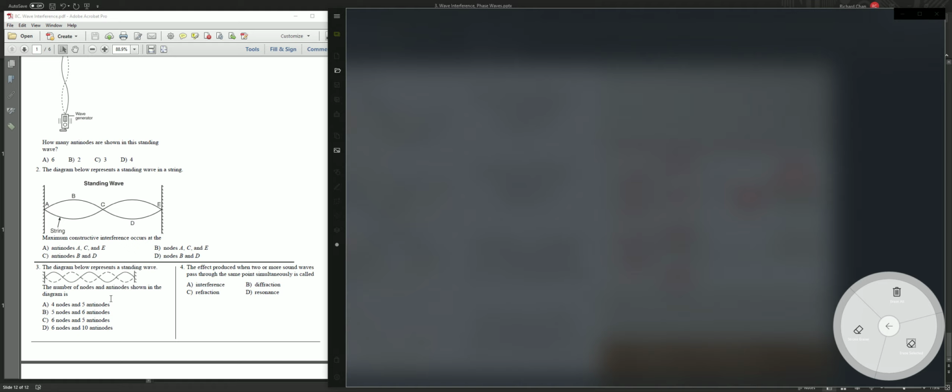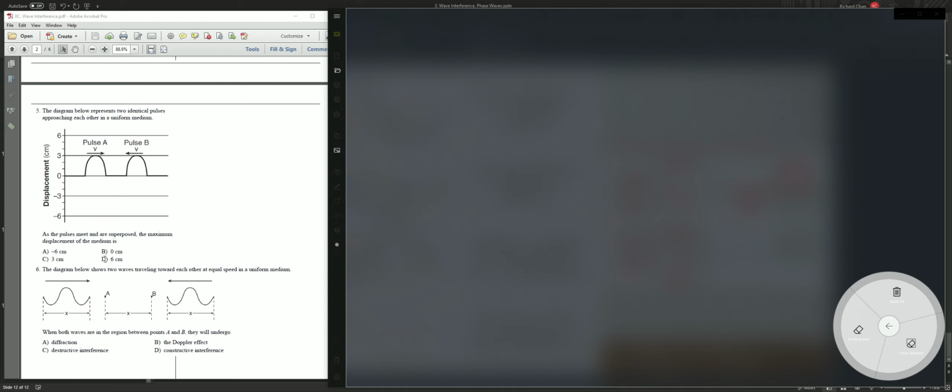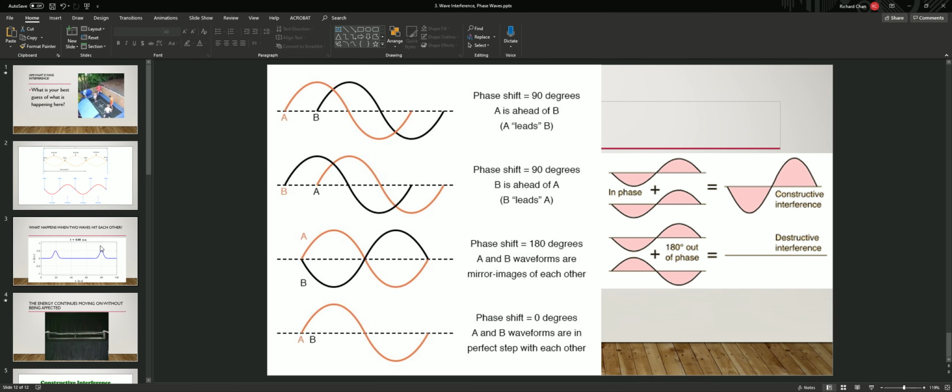You can do 3 yourself. It's not too hard. 4 is something you can do. 5. We talked about this in the GIF. 5 is asking what will happen as the pulses A and B are superimposed. There's a typo there. The maximum displacement of the medium is what? The GIF showed what happened.